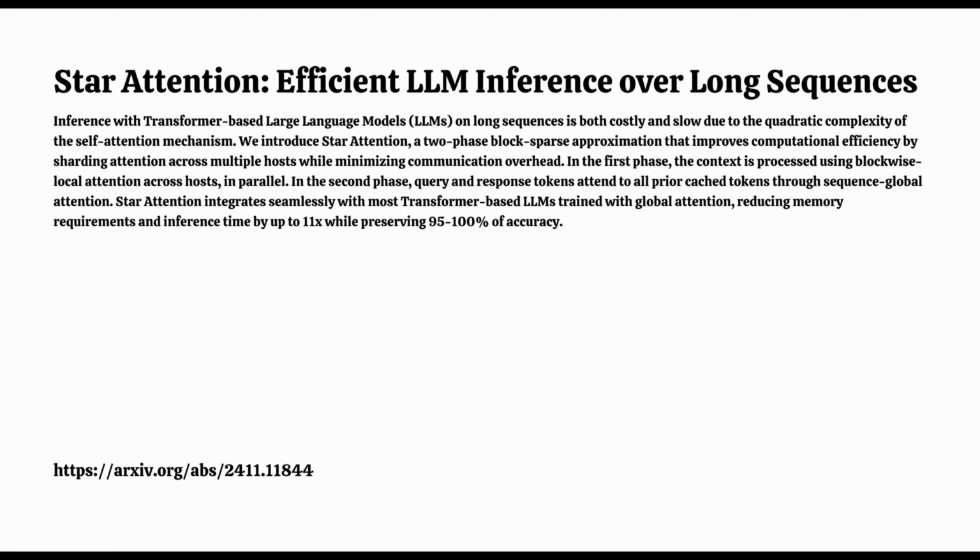This algorithm lets the hosts efficiently combine their local knowledge without having to transfer massive amounts of data between them. So each host contributes its own little piece of the puzzle, and then they all work together to form the complete picture. Precisely. And the query host is responsible for gathering all those responses and generating the next token. And this process repeats until the entire query is answered or the task is complete. So fascinating how they design these algorithms.